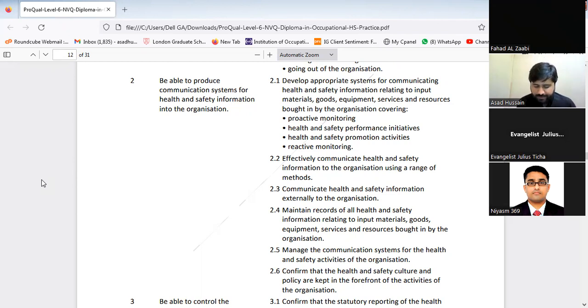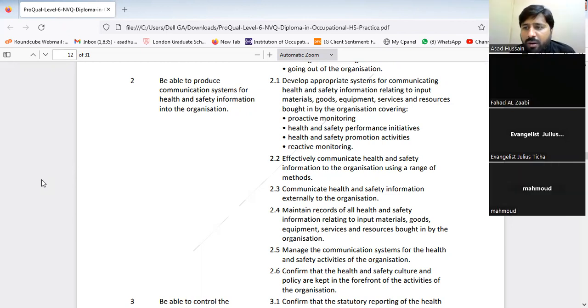Okay. Clear. So 2.5 is almost the same as the above, but here we have just a difference of activities. It is asking 2.5, manage the communication system for the health and safety activities of the organization.